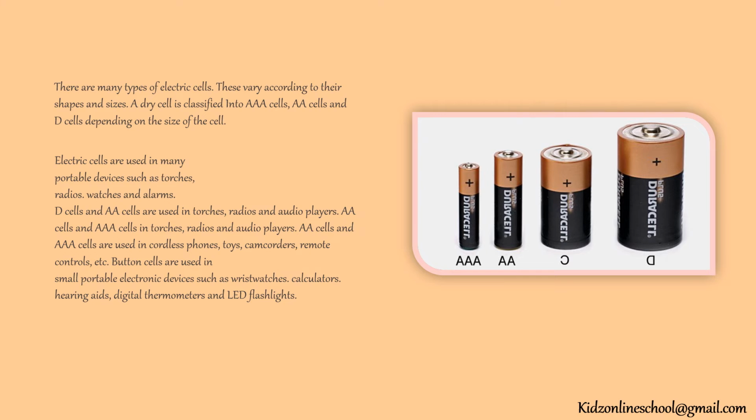AA cells and AAA cells are used in cordless phones, toys, camcorders, remote controls, etc. Button cells are used in small portable electronic devices such as wrist watches, calculators, hearing aids, digital thermometers, and LED flashlights.